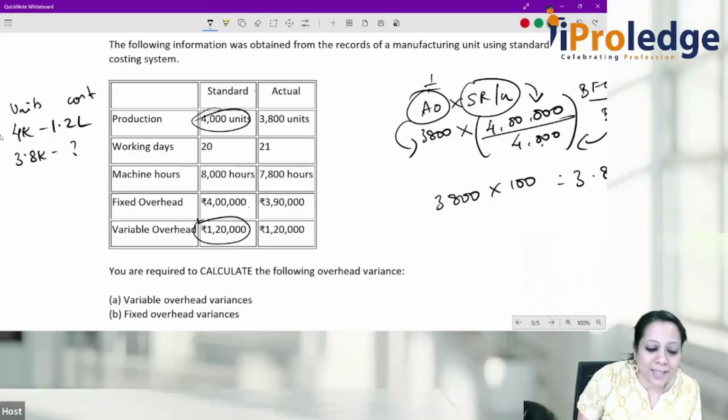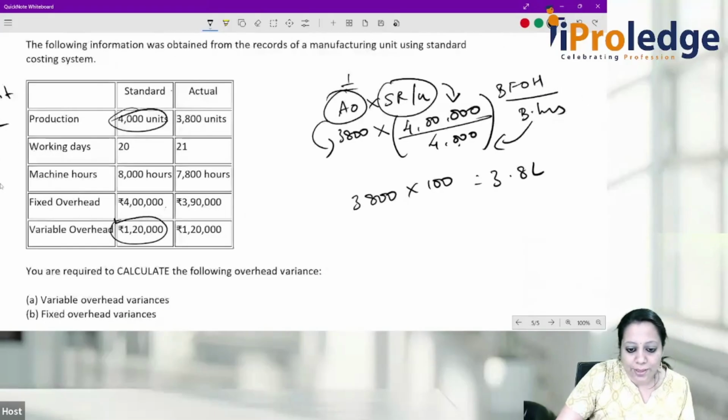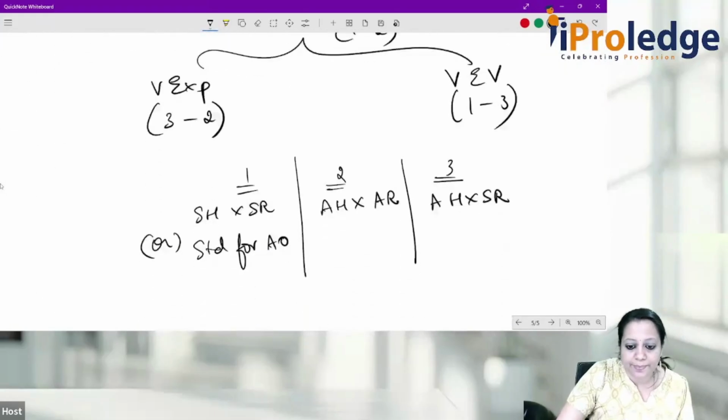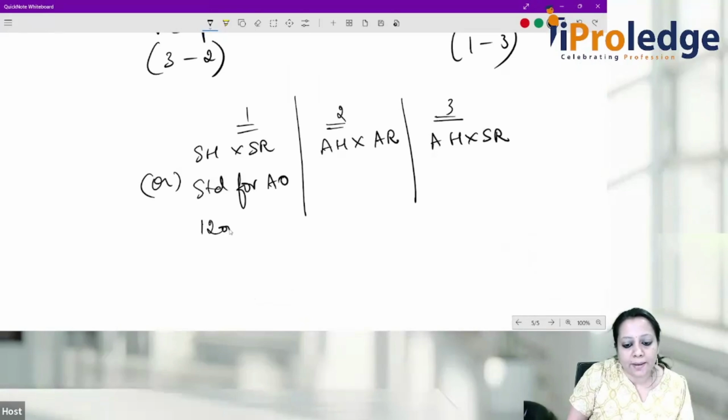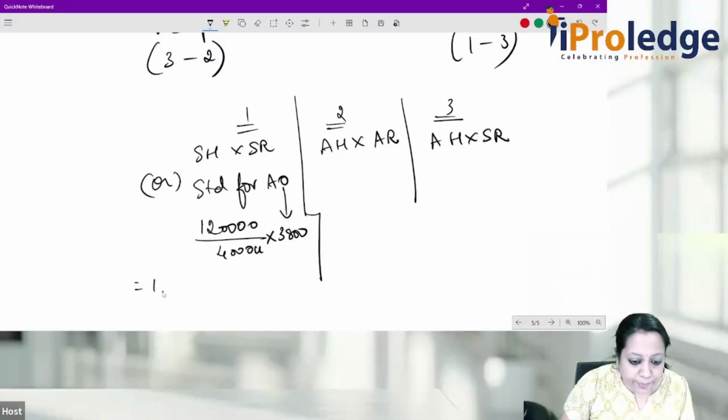This is standard units, this is actual output. Understood, students? So it is going to be 1,20,000 divided by 4,000 units, into actual output, that is 3,800 units. 1,14,000.